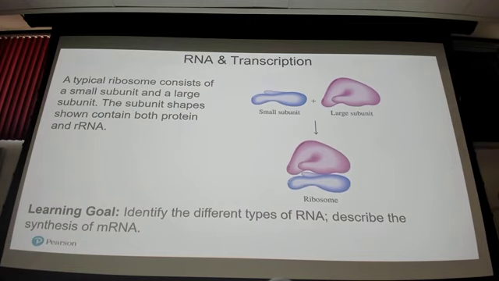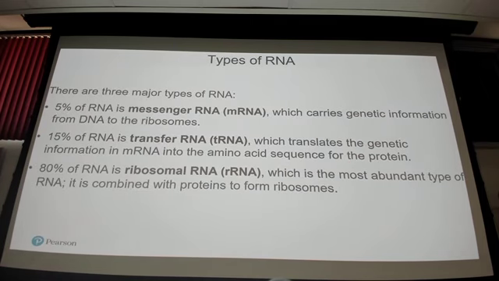Alright, so now we're going to talk more about RNA, messenger RNA, and the different types of RNA. Here's an example of ribosomal RNA. Ribosomal RNA combines with proteins to create ribosomes, and ribosomes are the site for protein synthesis in the cytosol. There are 3 main types of RNA.